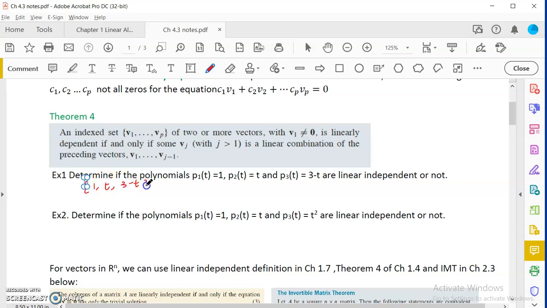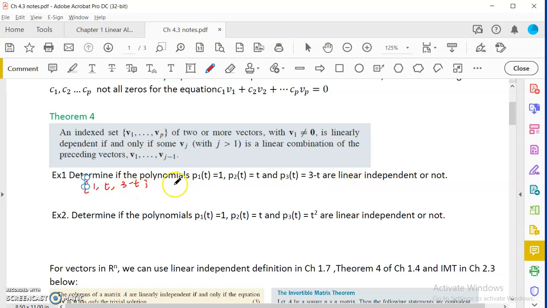So there are 3 different polynomials. Can we see if they are linear independent or dependent? We don't have this concept when we deal with algebra, but because they are objects in a vector space, each one of them is called a vector in a vector space, so we can discuss linear independence.